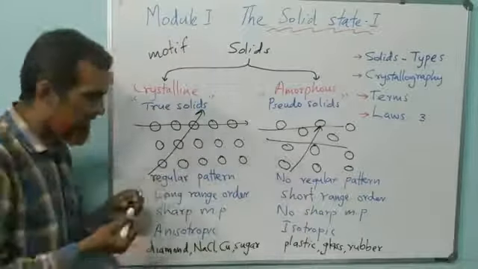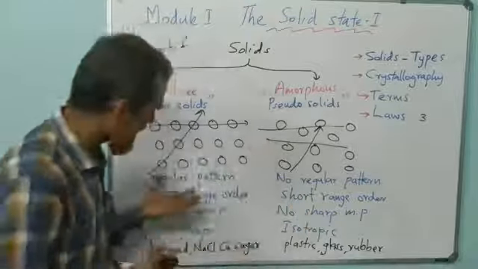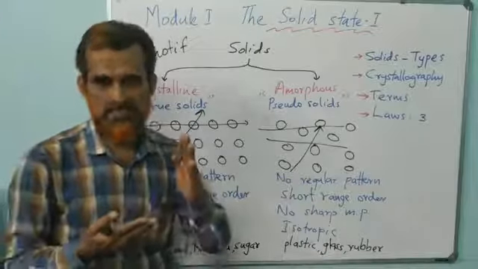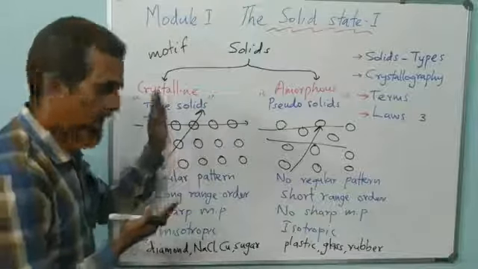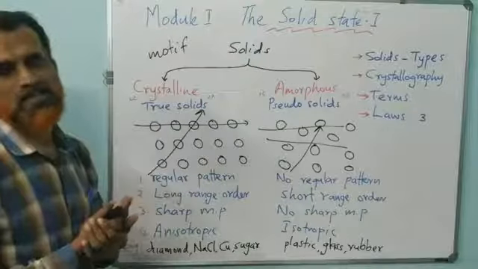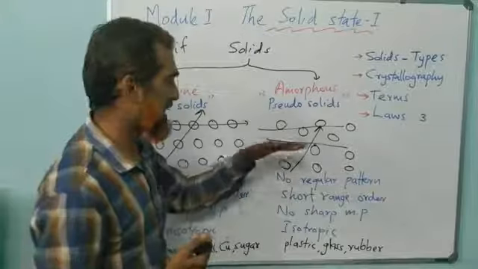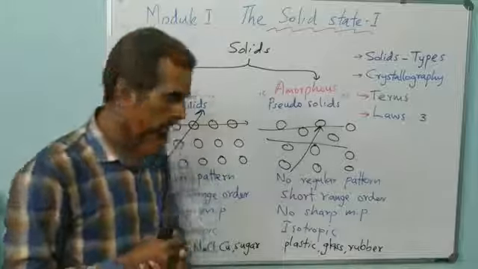And in addition to these differences, there are more differences like crystalline solids give clear cut. If you cut with a sharp knife, you can cut in a regular fashion. But amorphous solid gives an irregular cut or cleavage, or what is called conchoidal cut.